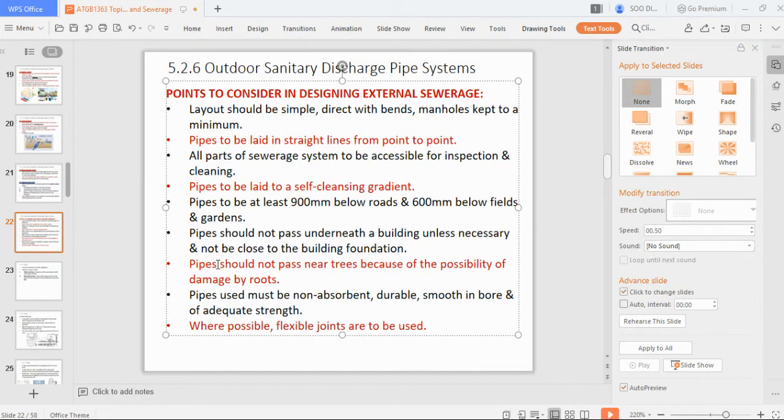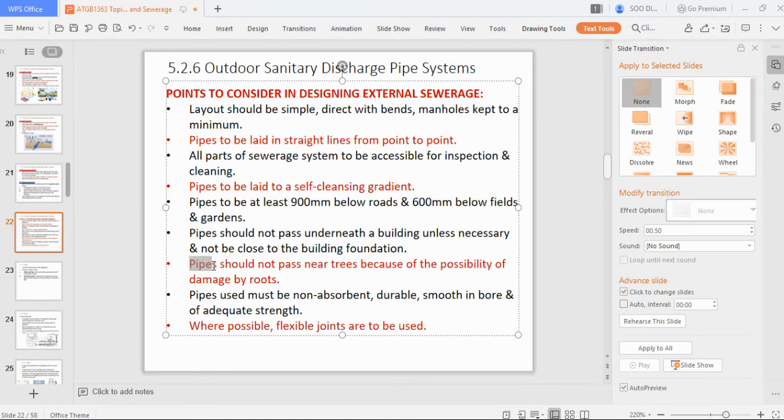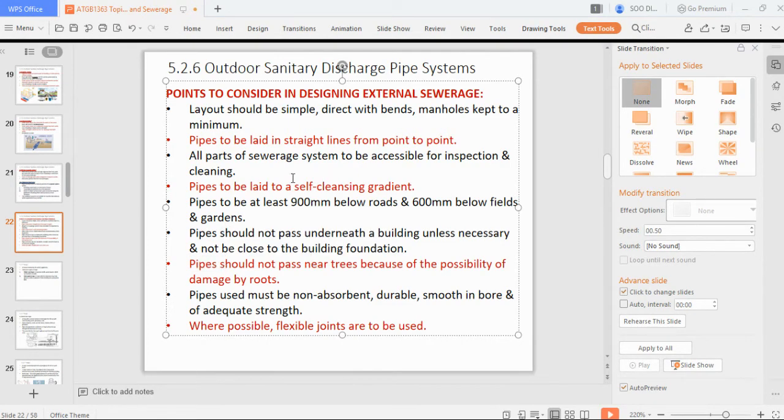So next, pipe should not pass near trees. Trees have roots, and this pipe is carrying waste, which is like fertilizer, which is very good for the tree. The roots of the tree will actually be able to sense this wastewater or this fertilizer.